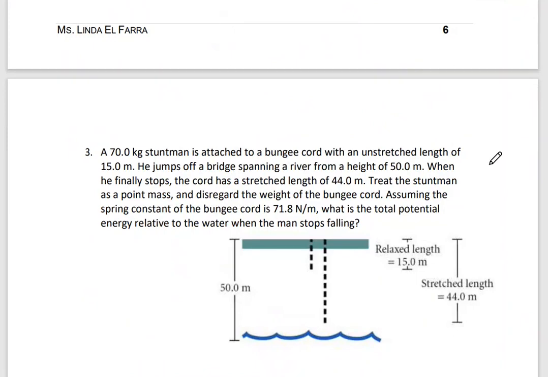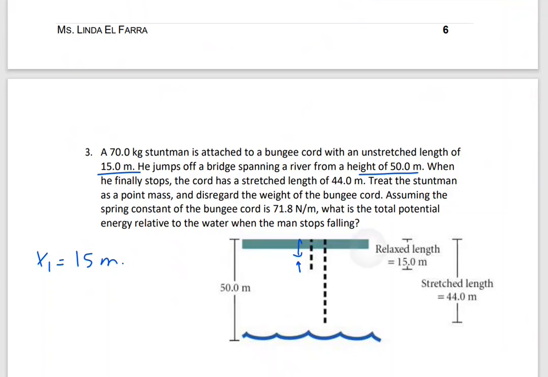Here we have a 70 kilogram stunt man attached to a bungee cord with unstretched length. So the unstretched length, the original length of the cord from here till here, I'm going to call X1, 15 meter. He jumped off the bridge from a height of 50 meters.